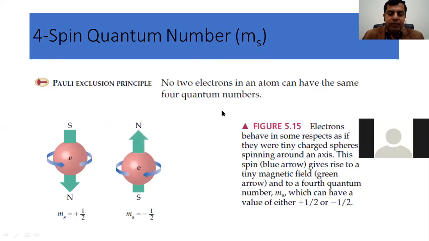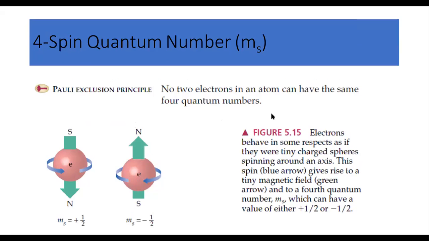The principal quantum number, or the angular quantum number, or the magnetic quantum number may be the same for the two electrons present in an orbital, but there must be a difference in the fourth quantum number, and that is the spin quantum number. So the spin of the electron may be different.